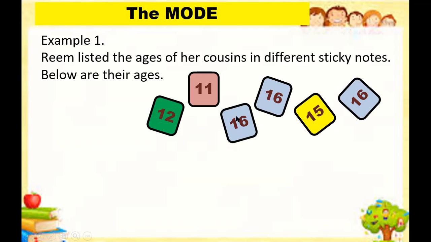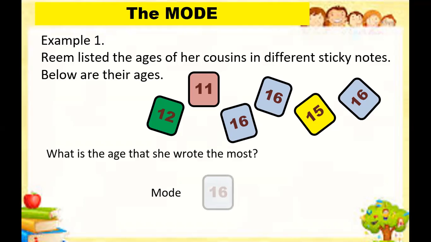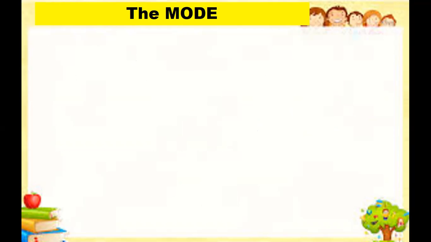Since we have three 16s, 1, 2, 3, therefore it is the most common age of her cousins. So this is the mode, because it has been repeated frequently. So the mode of this is 16.